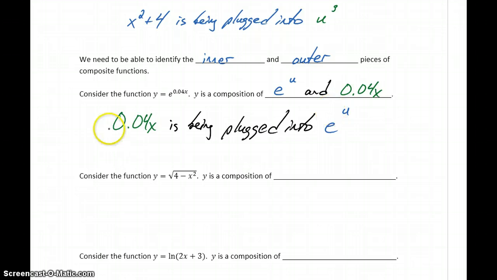Because if in place of u we wrote 0.04x, we'd have e to the 0.04x, which is that function that we're looking at. So we have our inner function, 0.04x, and our outer function, e to the u, because we're taking this expression and plugging it into this one.